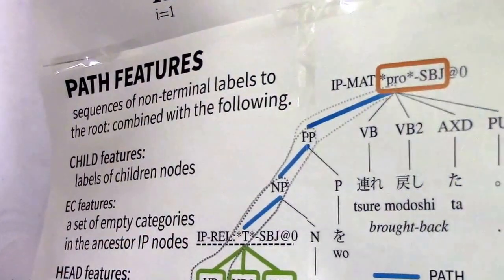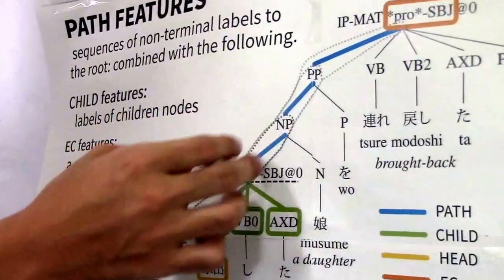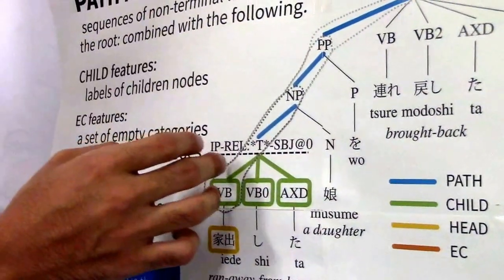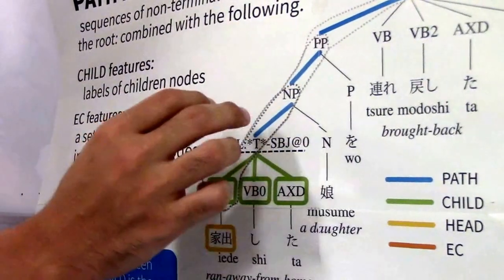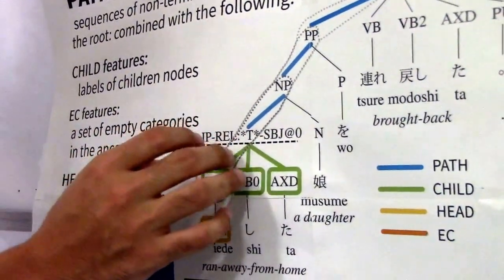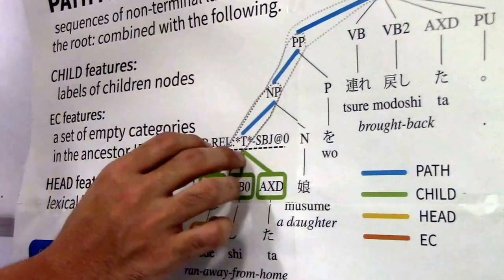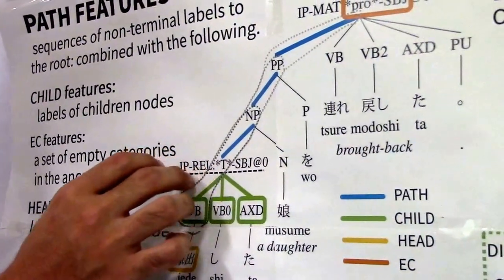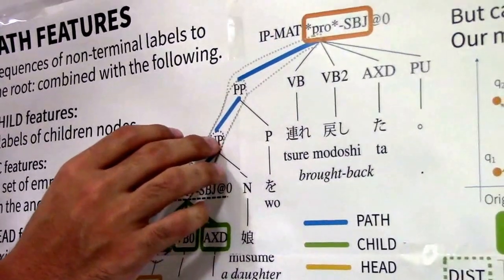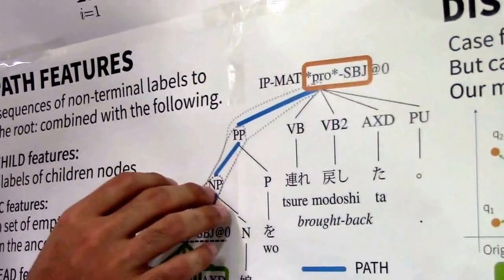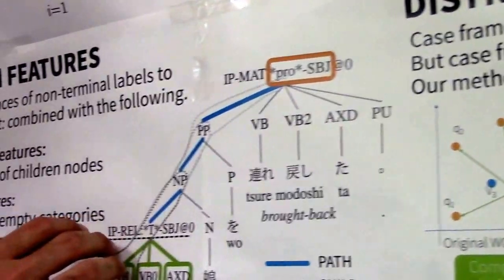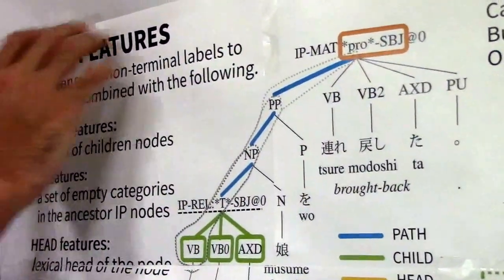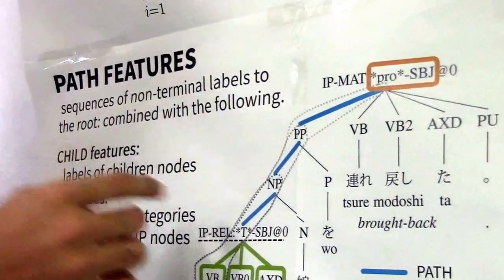For example, at this node, the path features are IP rel NP, IP rel NP and PP, and IP mat.